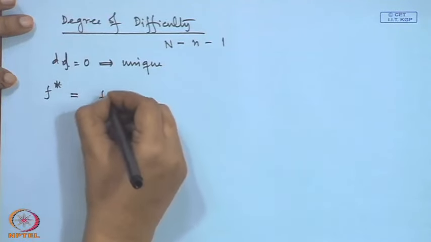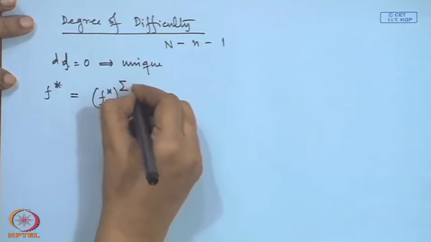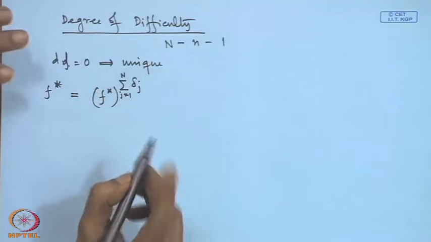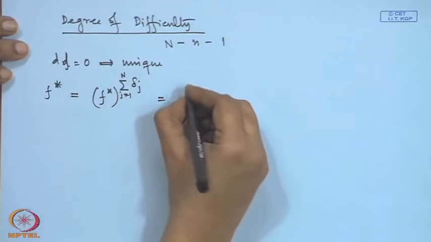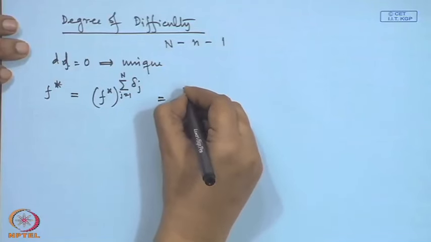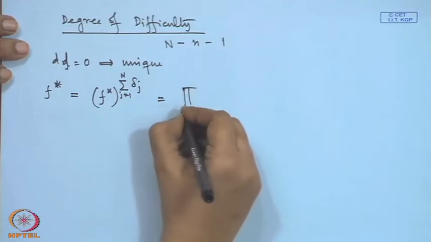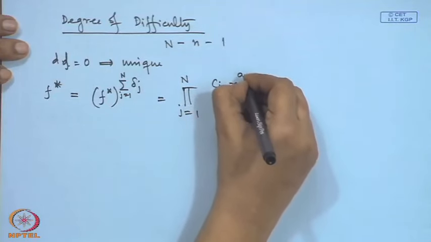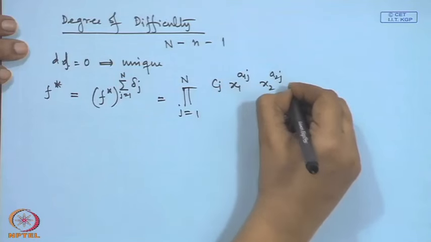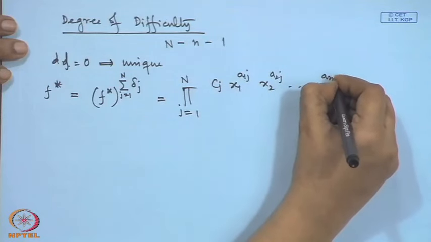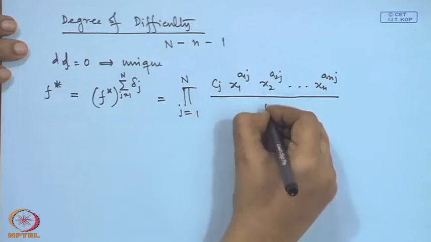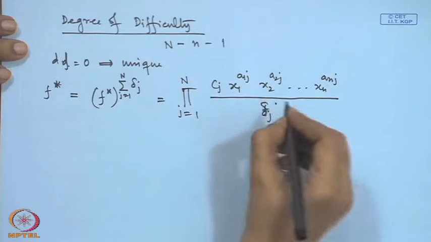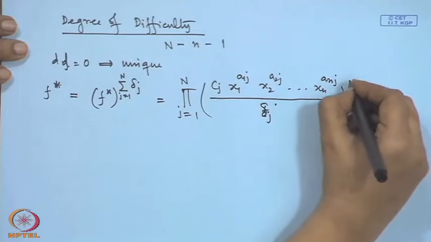As I showed you the calculation, f star can be written as summation of delta j's, j is equal to 1 to n, because this value is coming as 1, that is the fact. From here we are getting the calculation in this way: product of capital N number of terms, Cj x1 to the power a1j, x2 to the power a2j, these are the terms uj, divided by delta j, and this is to the power delta j.